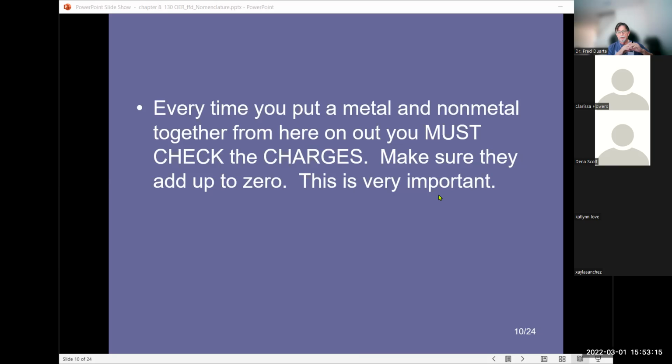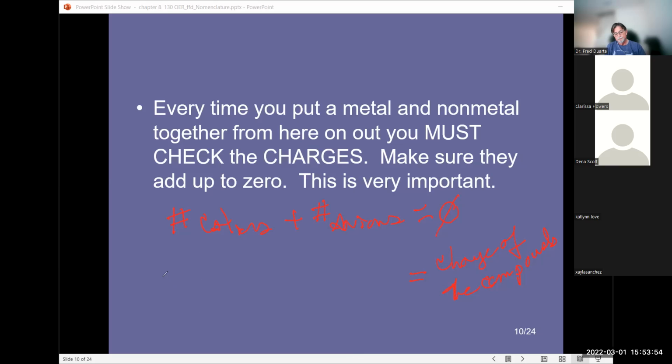Now, earlier I said that you use the total number of cations plus the total number of anions equals 0. Recall that. Okay, so number of cations plus the number of anions equals 0. And then I added something. I said, well, I'll make it the charge of the compound, which could be 0, or it could be a polyatomic ion.